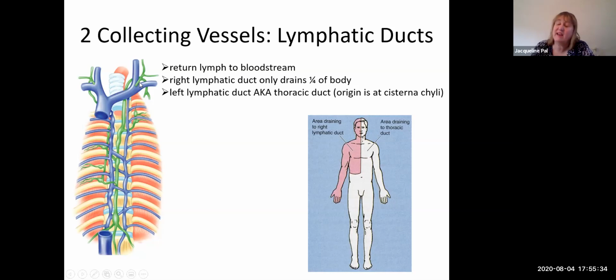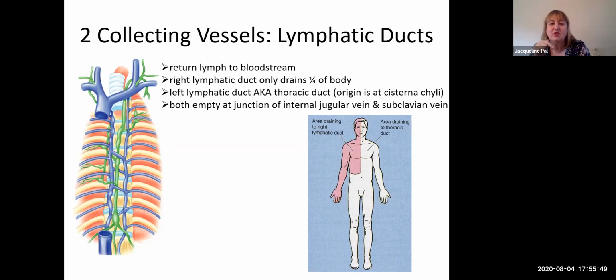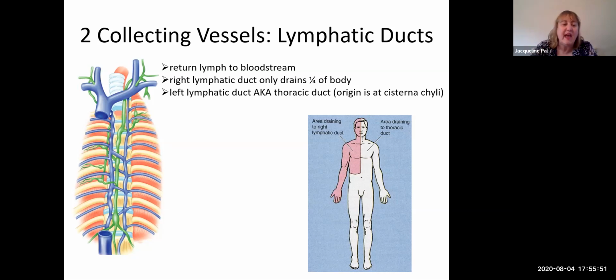Now the left lymphatic duct has a name, and it's quite significant in size. It's called the thoracic duct. And technically its origin is right there at that Cisterna Chyli, because it's at the Cisterna Chyli that we have the regional trunks from the pelvis, abdomen, and lower extremities dumping in.